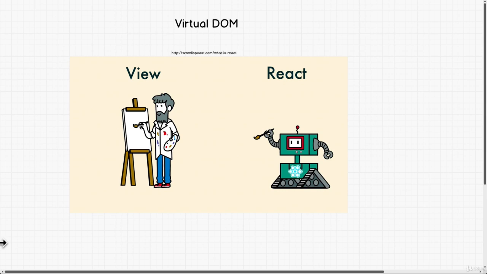With React, we have this React bot. And the React bot creates something called the virtual DOM. Virtual DOM is just a JavaScript object. And this JavaScript object just describes our website, the current state of the website. And we just give that object to React, and the React bot will automatically make changes to the DOM and paint the picture in the most optimum way possible.